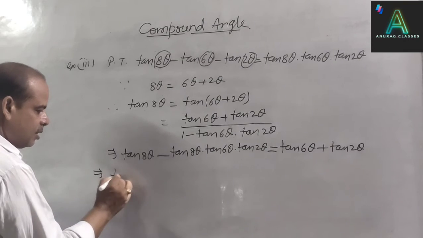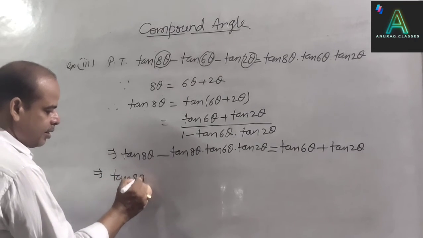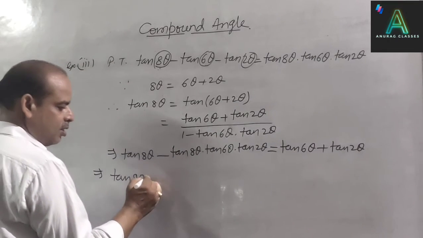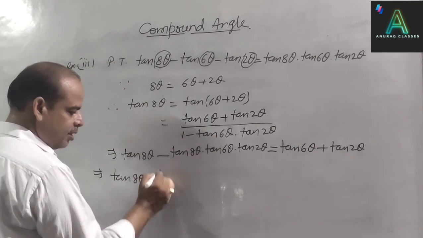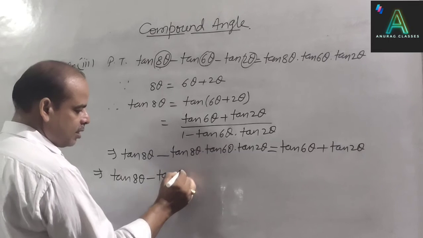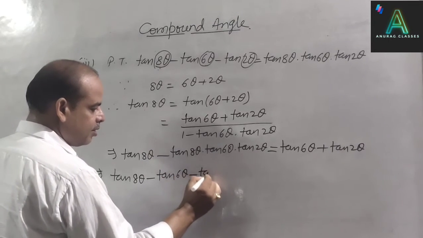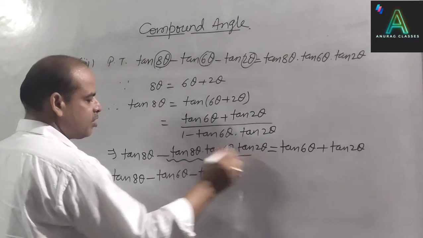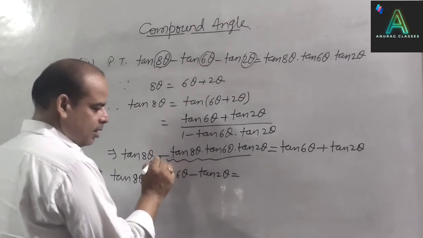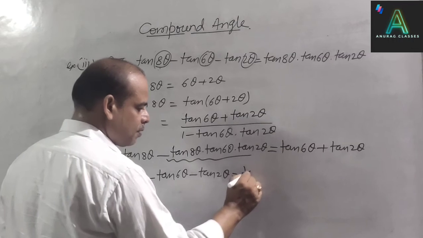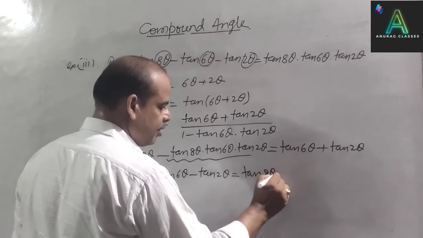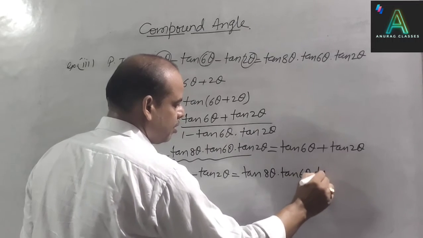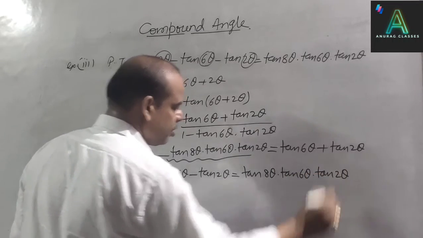This implies, tan 8 theta, move these two terms to the left side, then it becomes tan 8 theta minus tan 6 theta minus tan 2 theta is equal to, move this term to the right hand side, then it becomes plus tan 8 theta into tan 6 theta into tan 2 theta.